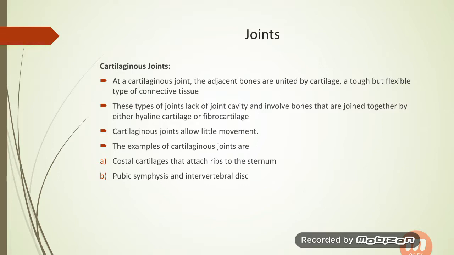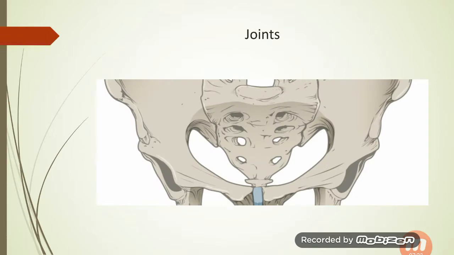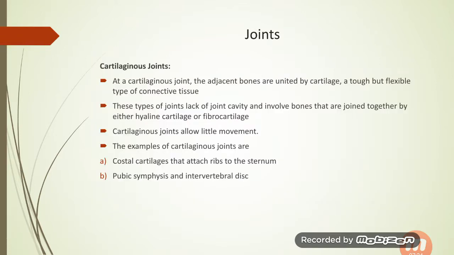The cartilaginous joints allow very little movement, and these are present in the vertebral column and other regions. The examples are costal cartilages that attach the ribs to the sternum, then the pubic symphysis, and the intervertebral disc.